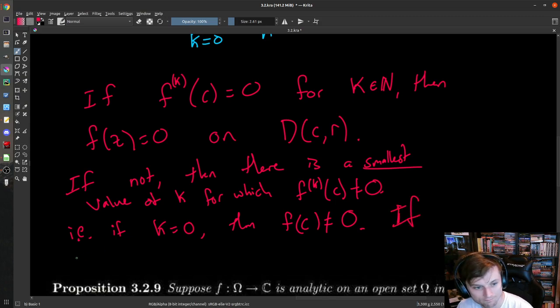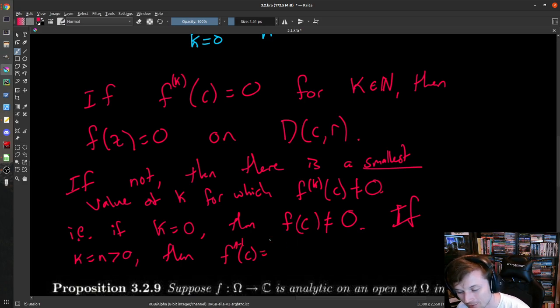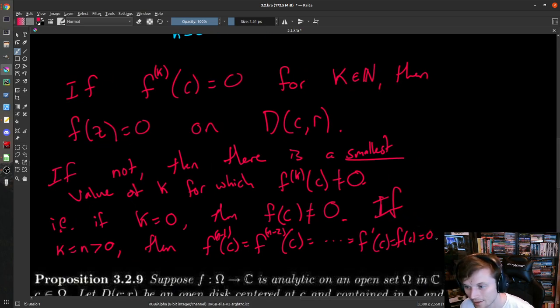And so on and so on. If k equals n greater than 0, then we're saying the n minus 1th derivative of f at c equals the n minus 2nd derivative at c equals, so on, so on, down to f prime at c and f of c. These guys are all 0, right?